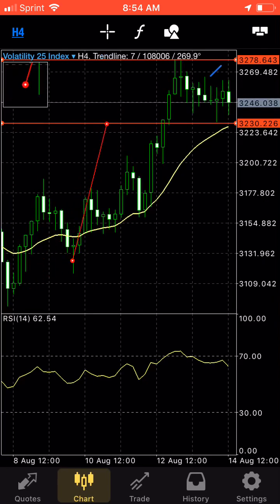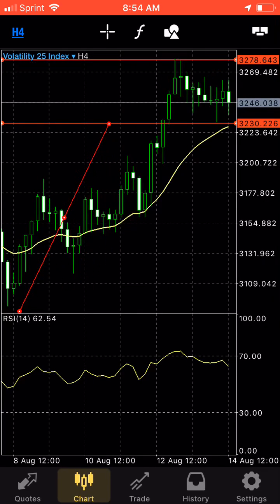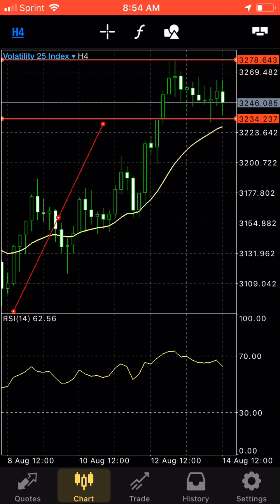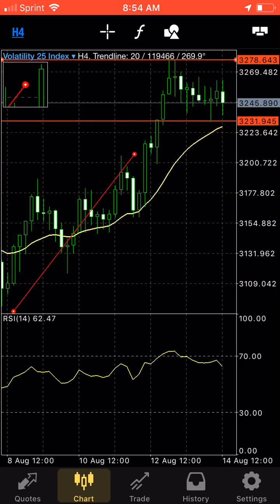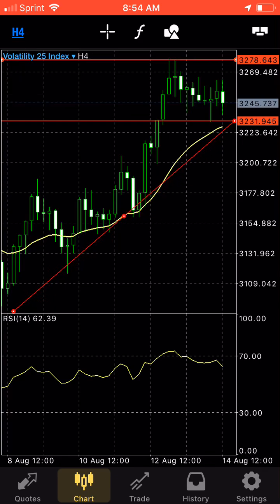We saw a trend forming, then price started to range. If you look at maybe the daily or 4 hour, price might range for a very long time. But the whole idea is there is an uptrend, then price started to range.